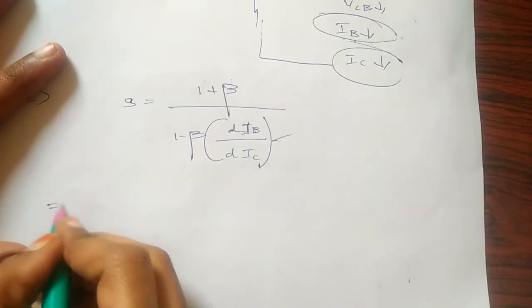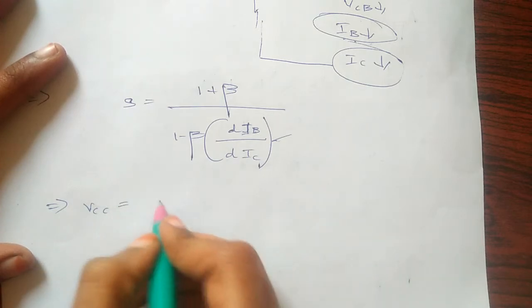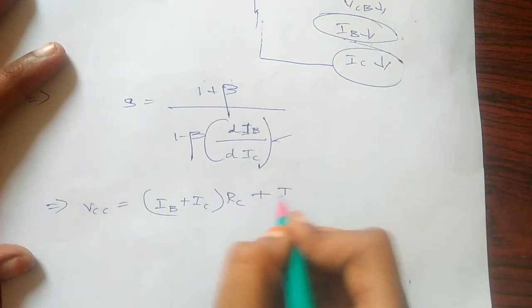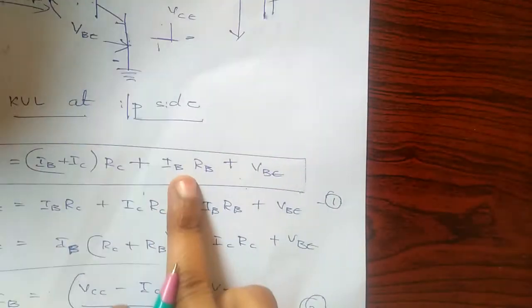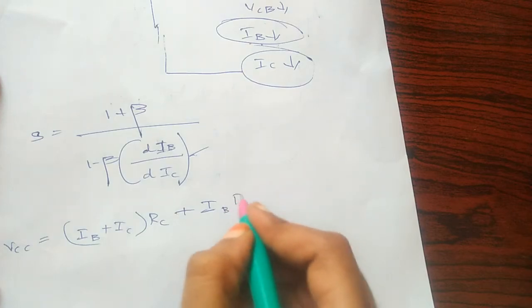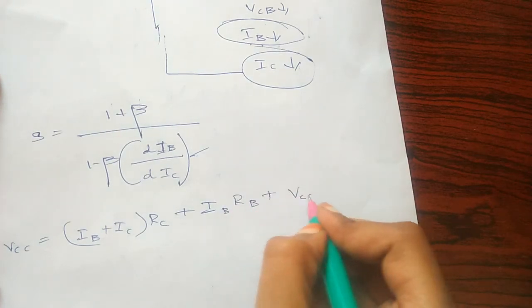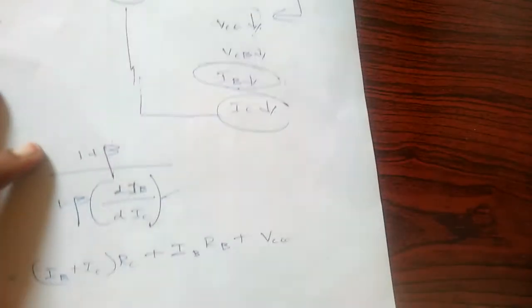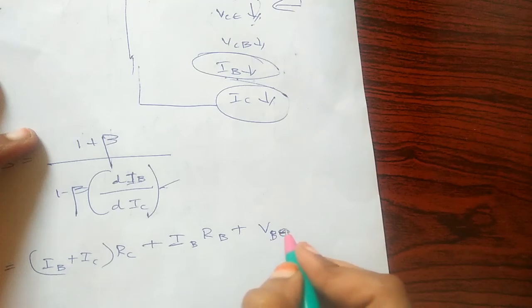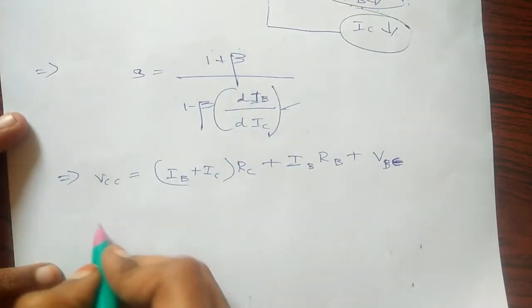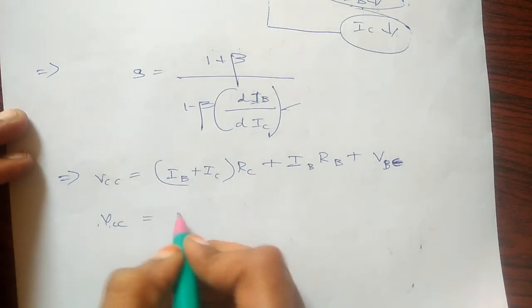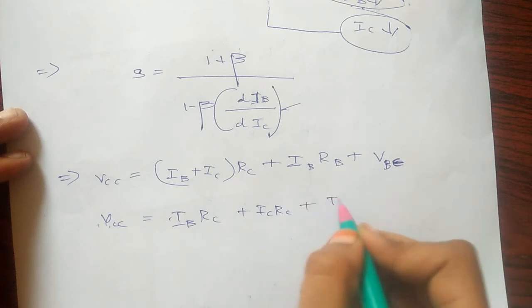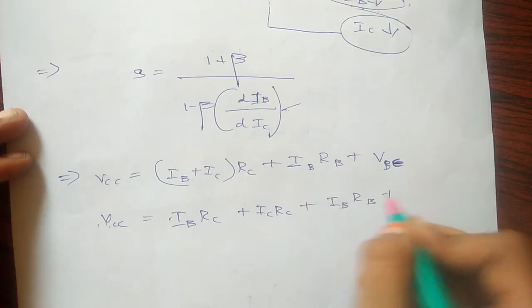So okay, let me take first VCC is equal to (IB plus IC) into RC plus IB RB plus VBE. Let us solve: IB RC plus IC RC plus IB RB plus VBE.